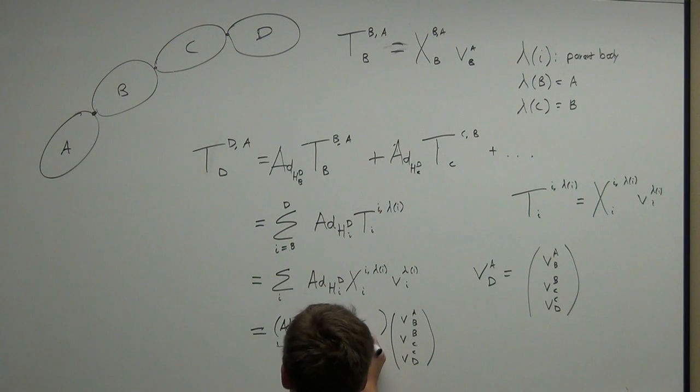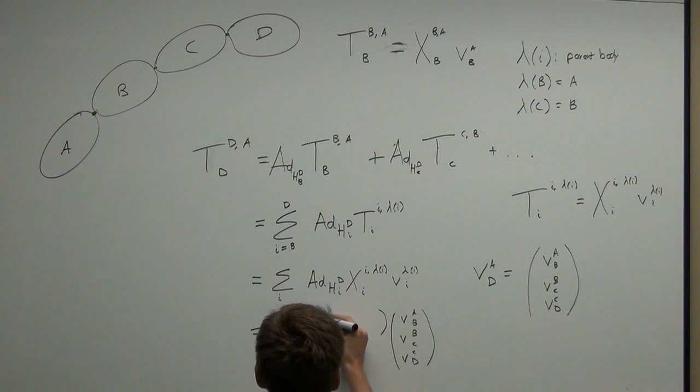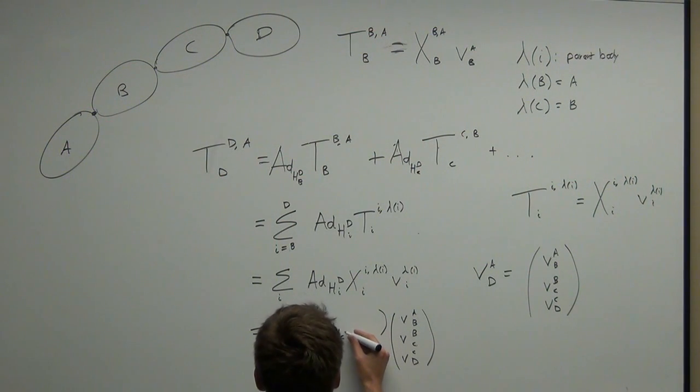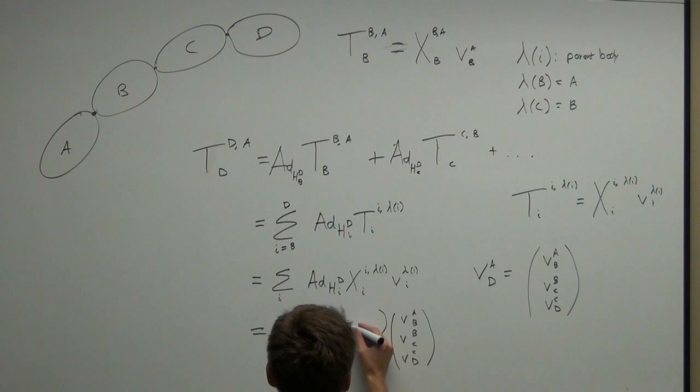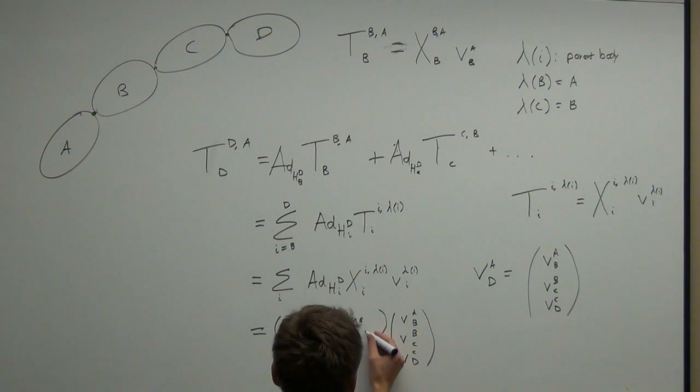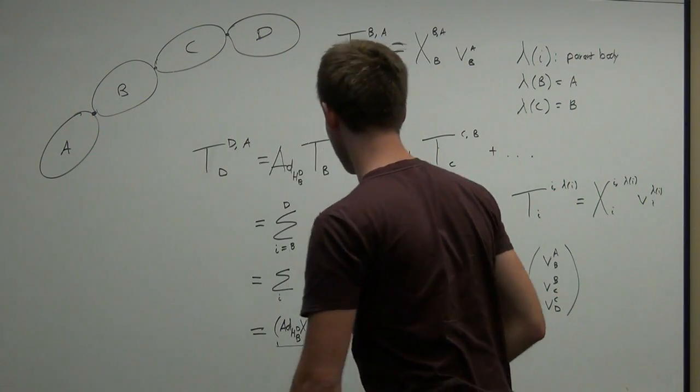Then the next block is just going to be a joint. I should have made more space. A joint H C to D, X C B A. And then you sort of see the pattern, right? So I won't write down the last one.